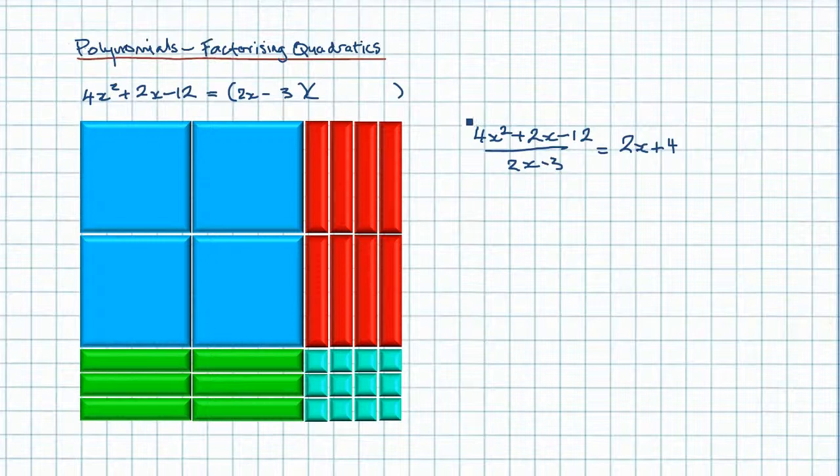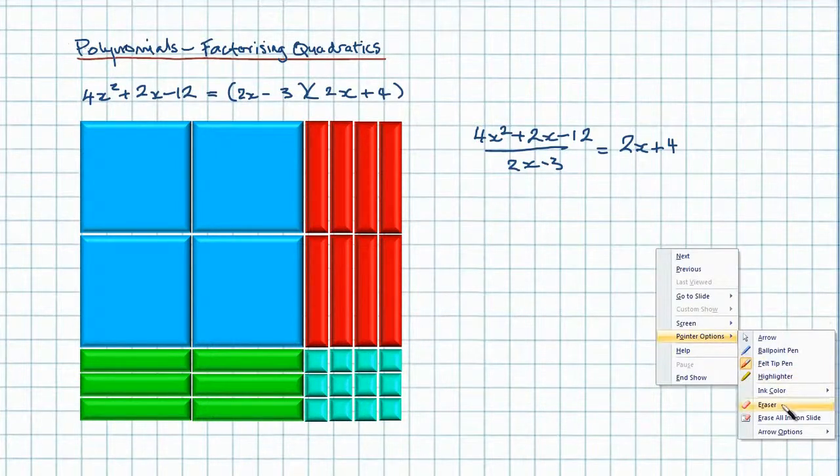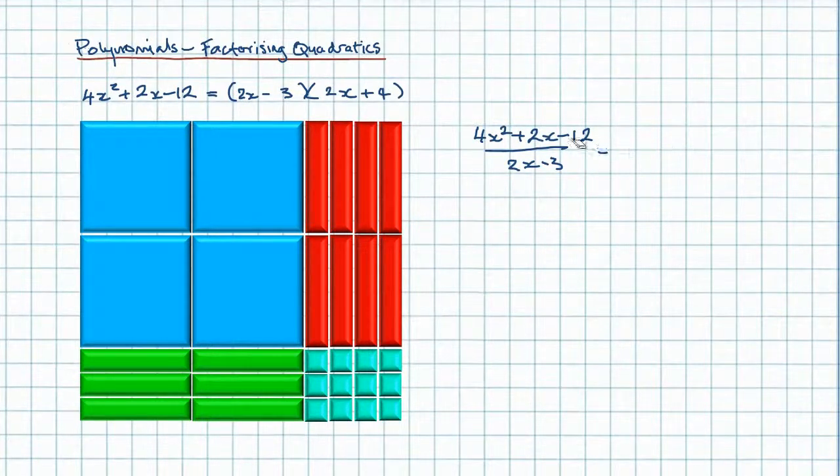Okay, 2x minus 3 times 2x plus 4. If we didn't have these things, let's erase all of this now. Could we find not just one side, but this time two of those sides, the pair of factors that multiply together would give us 4x squared plus 2x minus 12.